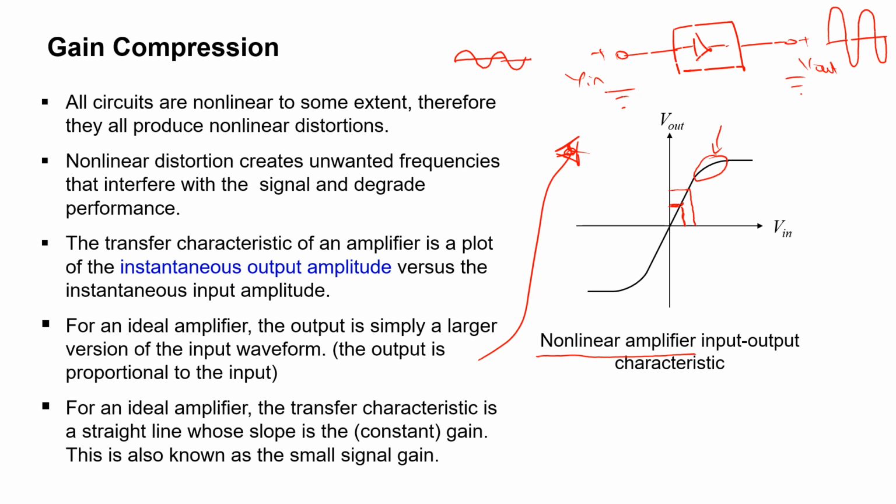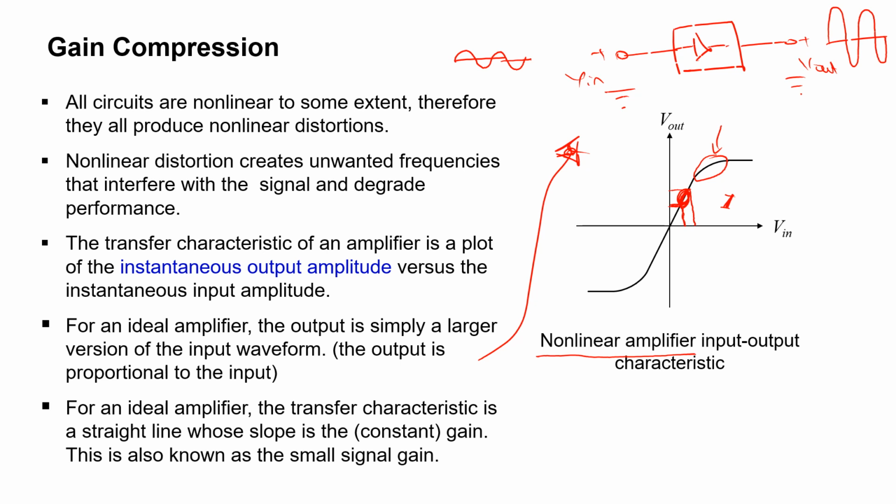This concept is also important: if we look at a small value of V in and a small value of V out, then generally this kind of curve is constant. That's why we consider these small areas on this curve as small signal gains.